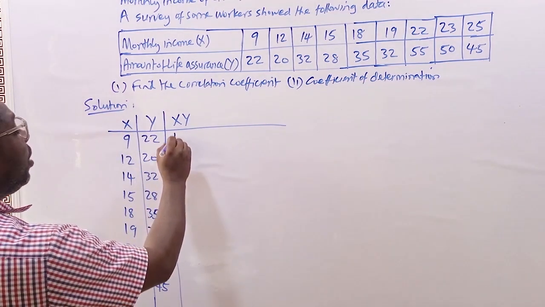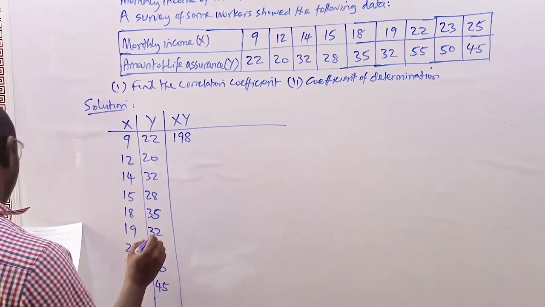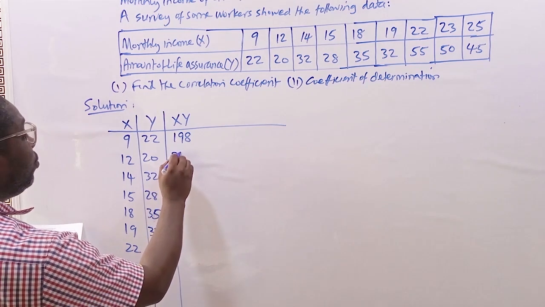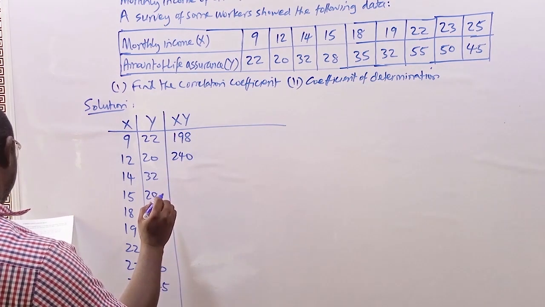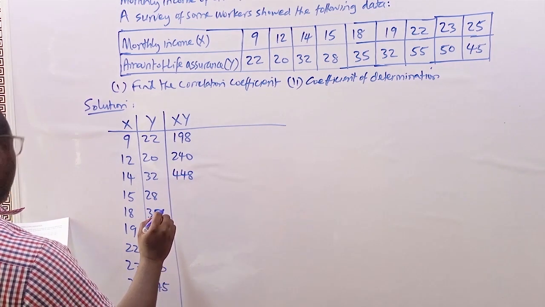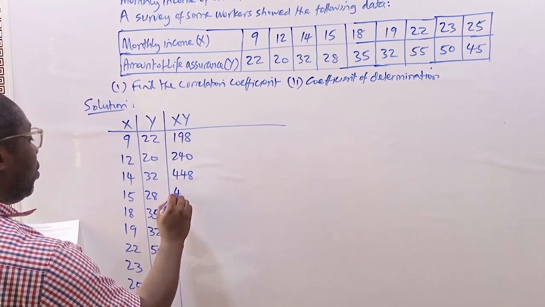We have 198 for the first one. 12 times 20 gives us 240. The next one will give us 448. The next one will give us 420.